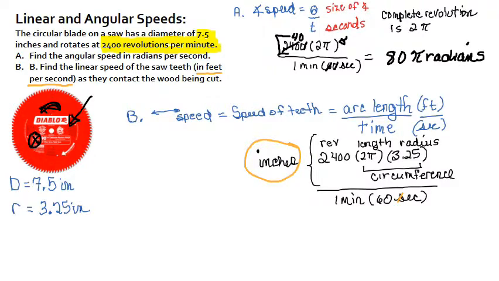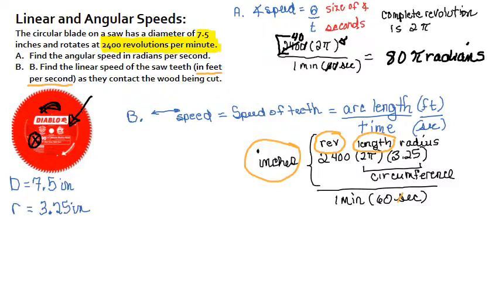So we know we've got 2400 revolutions. We have our length, which is going to be 1 revolution, or 2 pi, times the radius, so the circumference here. And then we're going to convert it into the seconds.